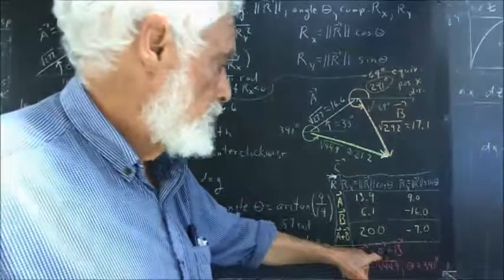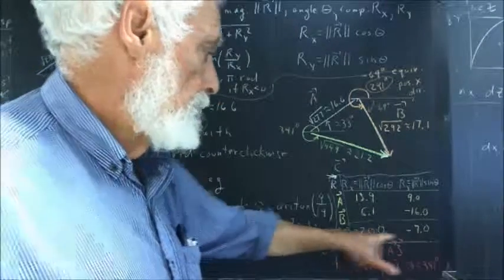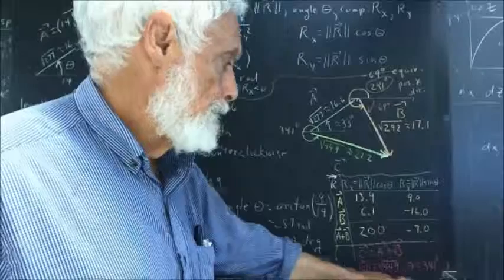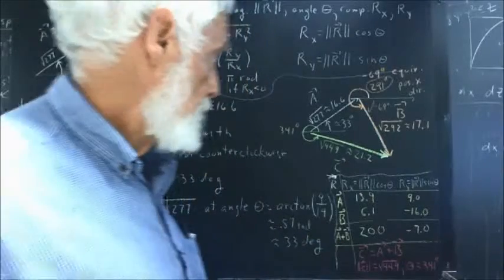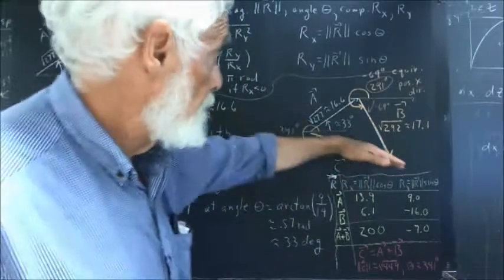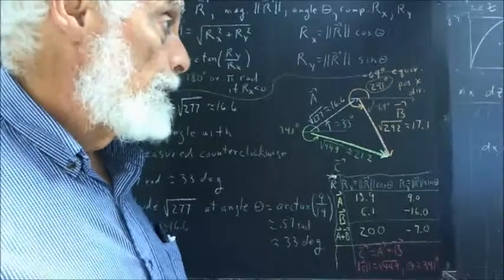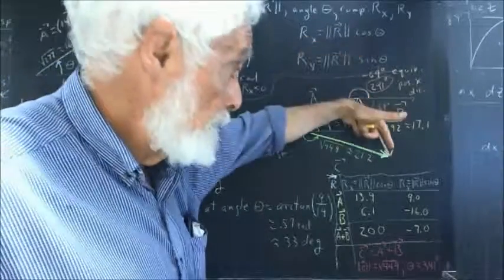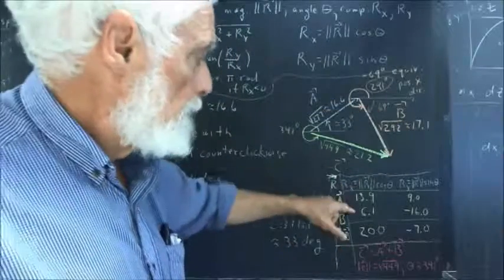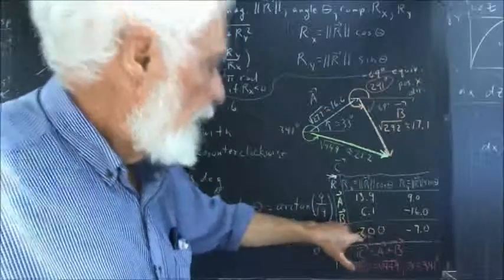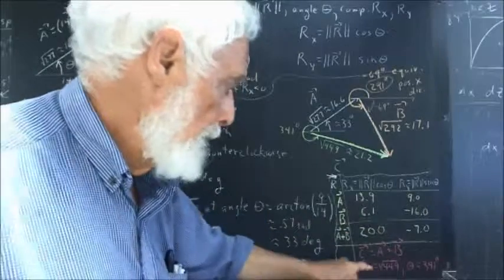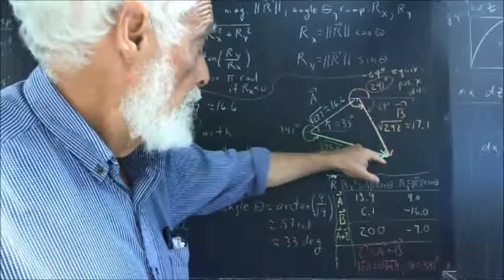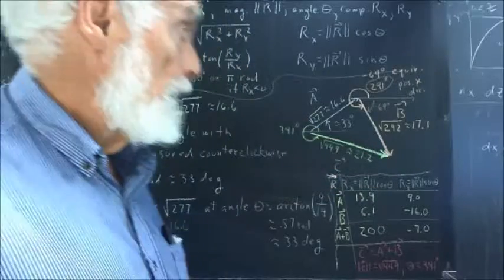In this case, the little uncertainties balance out, and they often will, but they won't always. Kind of a 50-50 proposition. So C, the sum of A and B, has these components. That leads to C with magnitude 21.2 and theta approximately 341 degrees, which agrees with what we had here. So using just the angle and magnitude of each of these vectors, translating those into components, adding the components, and translating that back into an angle and a magnitude, we get the same thing we expected.